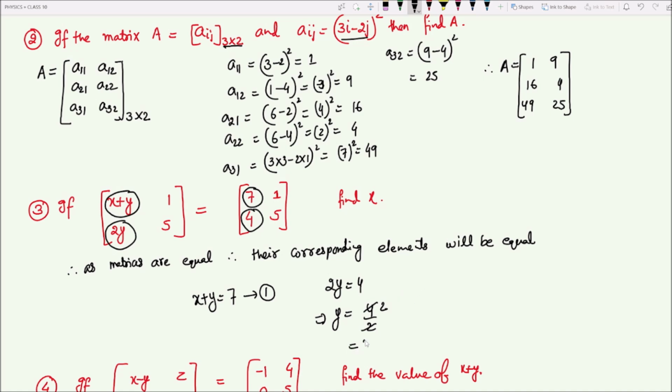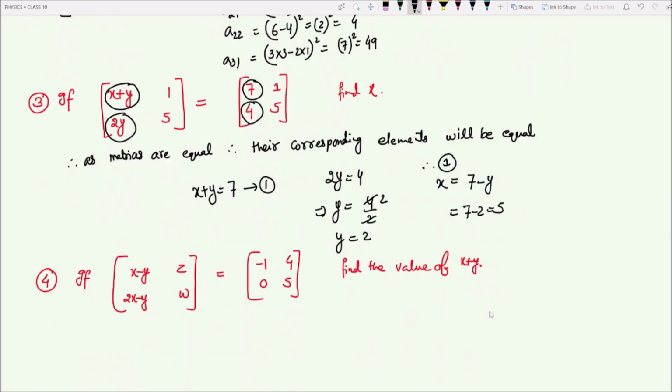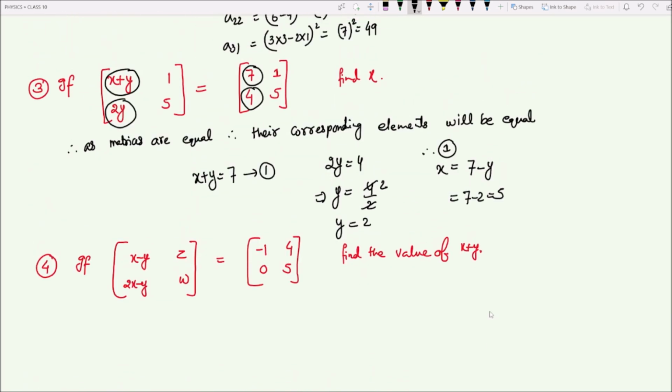So the value of y is equal to 2. Therefore x from equation 1, the value of x is equal to 7 minus y, that is 7 minus 2, is equal to 5.